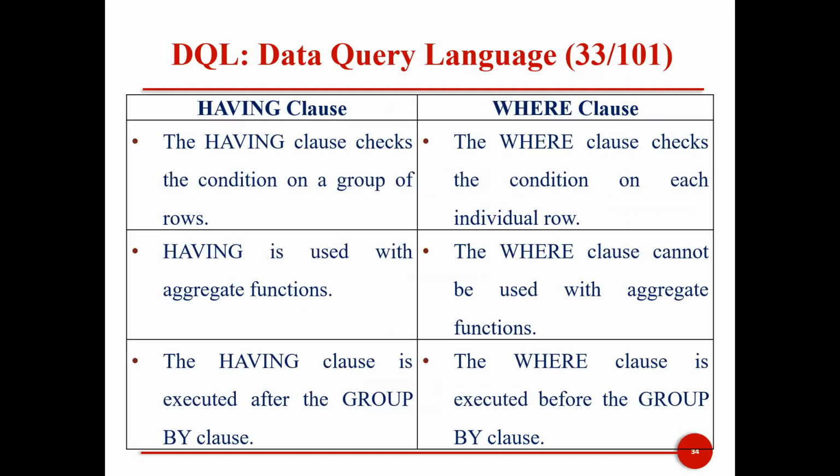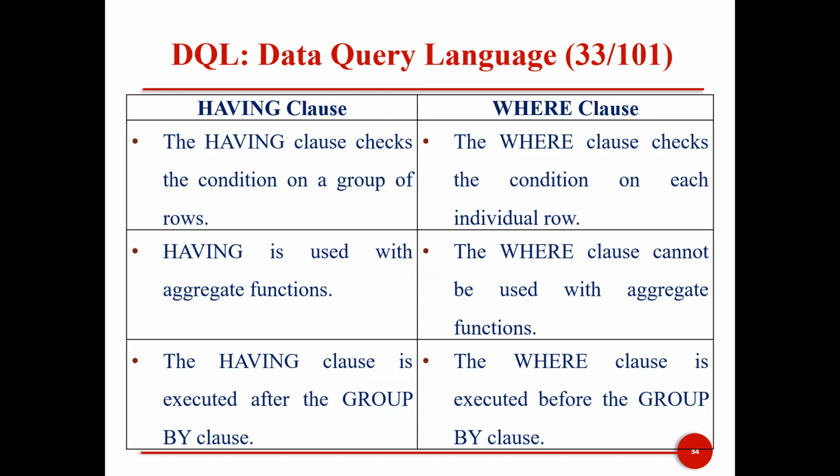Now, here they're trying to show what is the difference between the HAVING and WHERE clause. They say that the HAVING clause checks the conditions on the group of rows, while the WHERE clause checks the condition on each of the individual rows. Then HAVING is used with aggregate functions.